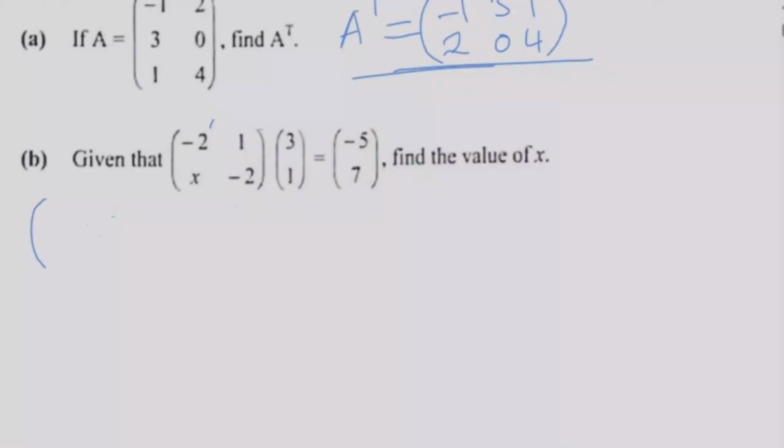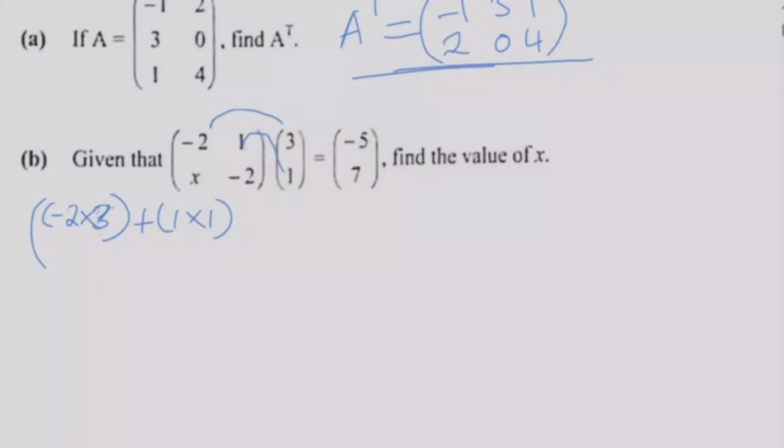First I multiply negative 2 by 3, plus negative 1 times 1, and 1 times 1, just like I'm showing on this line.